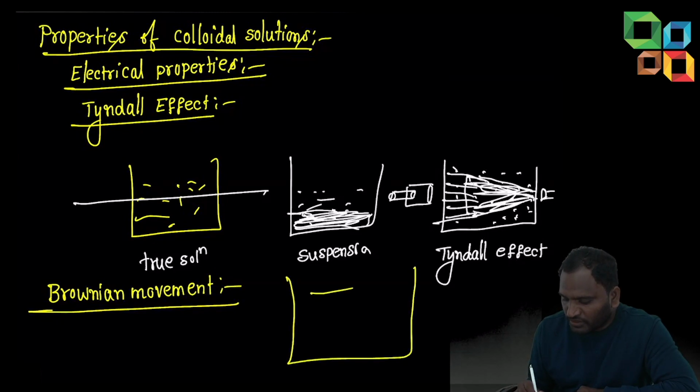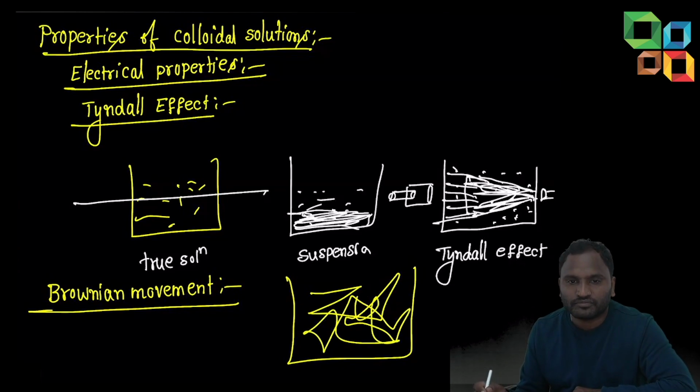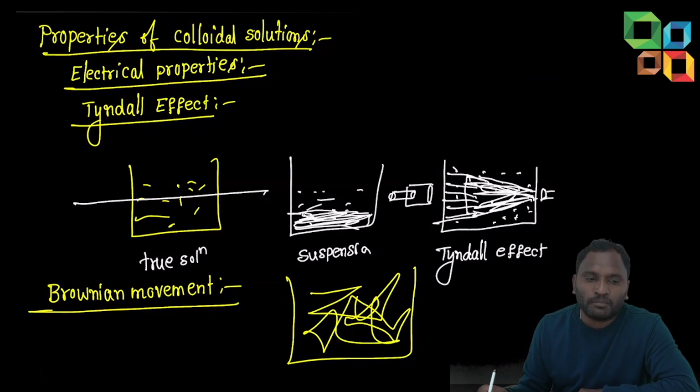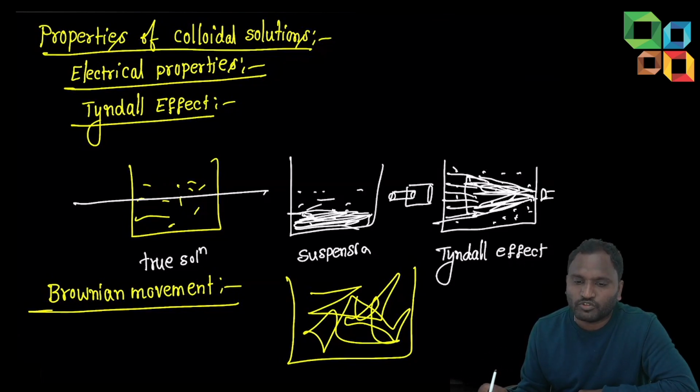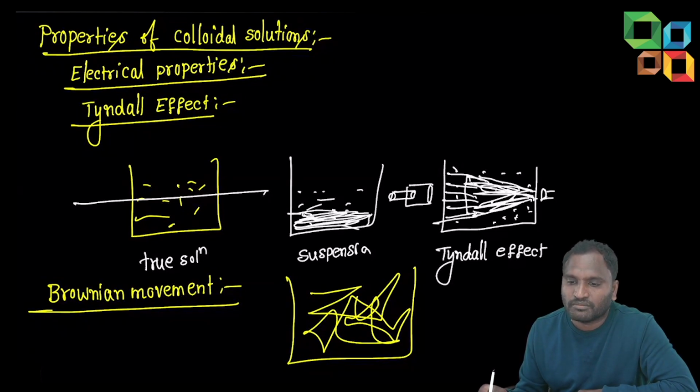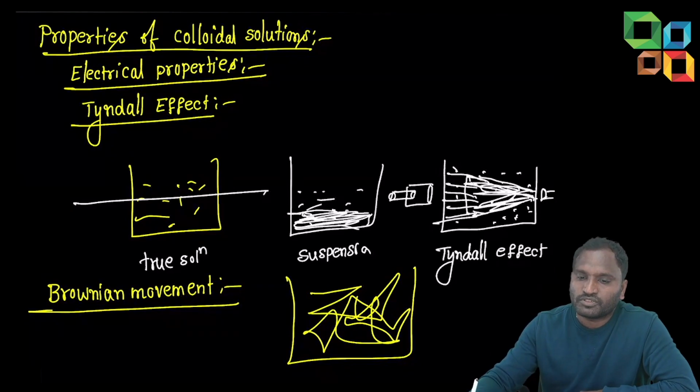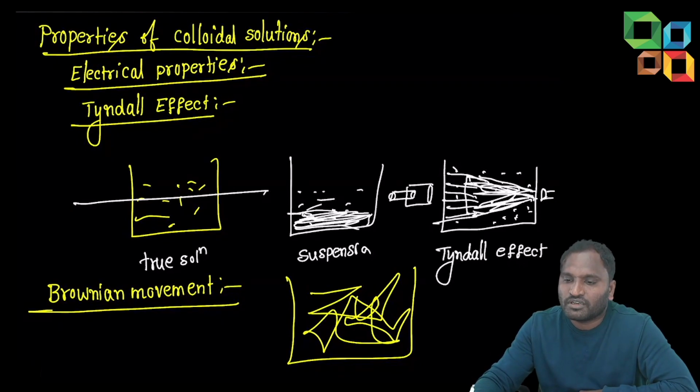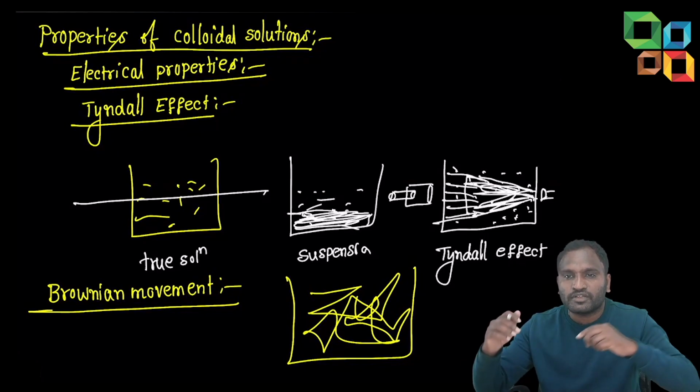These colloidal particles move in a zigzag manner. The zigzag movement of colloidal particles is called Brownian movement. Brown observed this movement, so it is named after him.